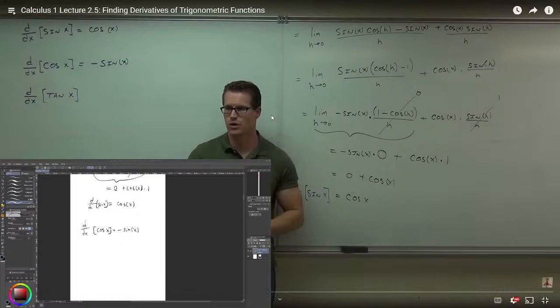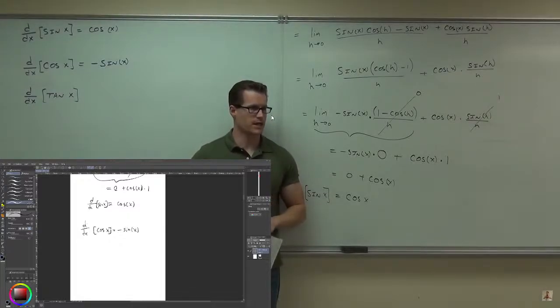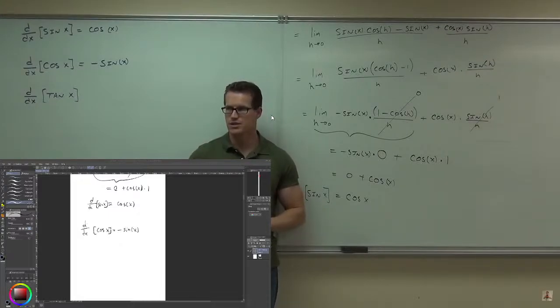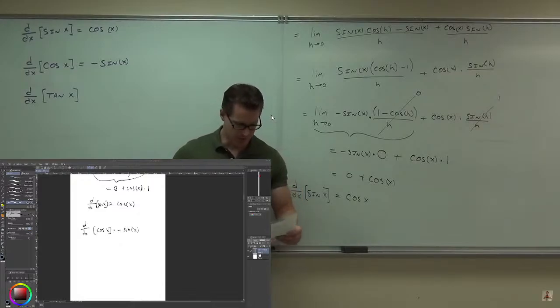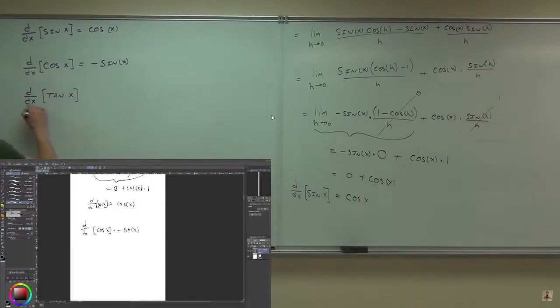It's sine x over cos x. So with the quotient rule, you could find the derivative of tan x, because you'd have sine over cosine. Work it all out, simplify it, and what you're going to end up with is secant squared x. So the derivative of tan x is secant squared x.